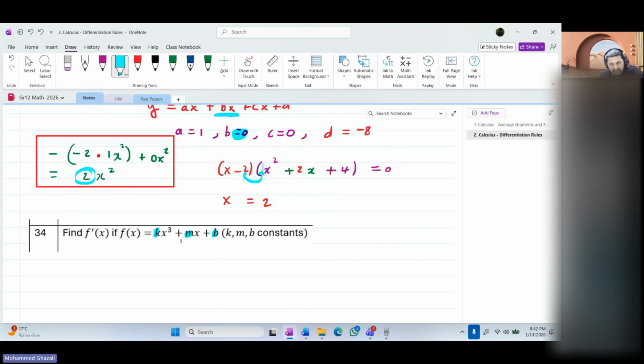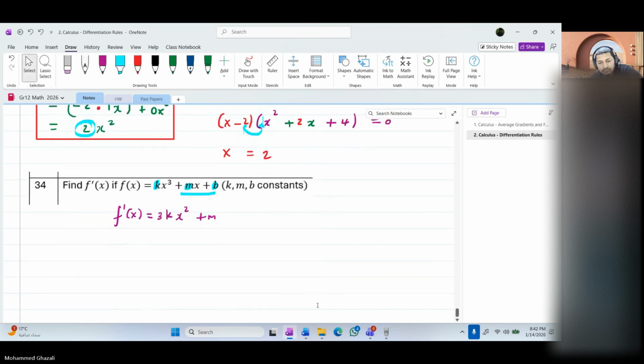Great, this is already linear, so I can find f prime x. Easy, differentiate x cubed. 3 times k is 3k. I take away 1 from the power, so that's x squared. And the derivative of mx plus b, the slope, is just m. Problem solved. So easy.